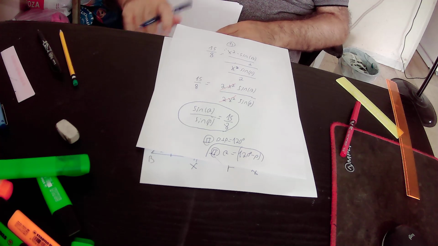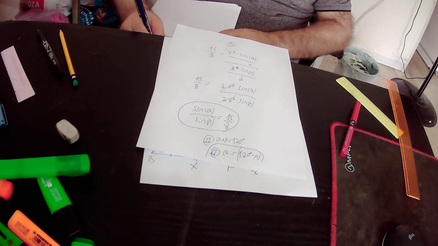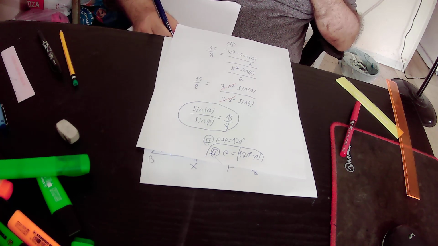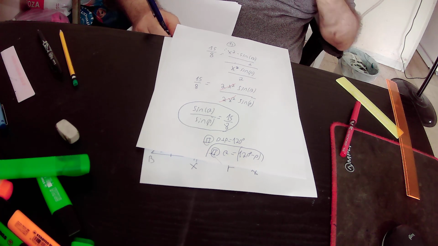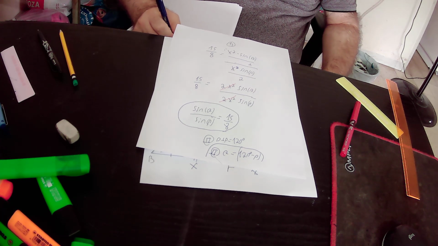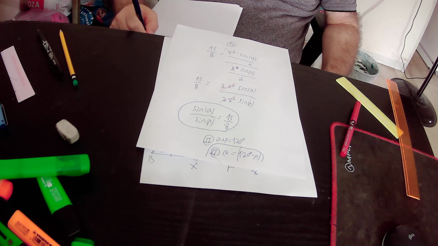Okay, so we will get that sine q, instead of q we will write 120 degrees minus p, over sine p equals 15 over 8.